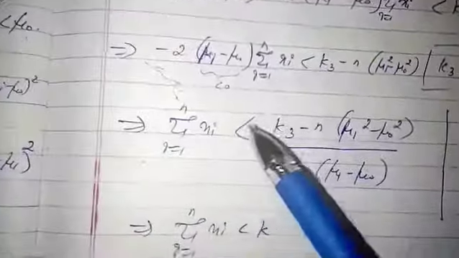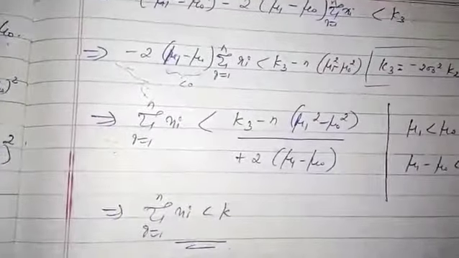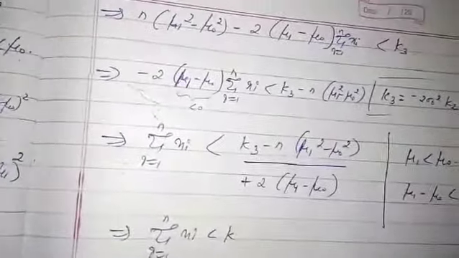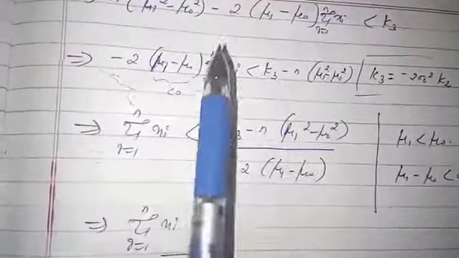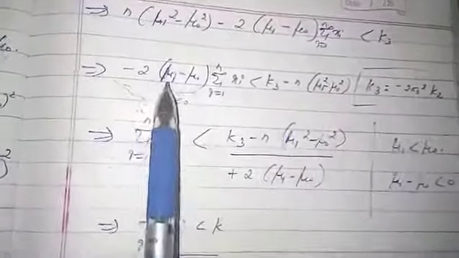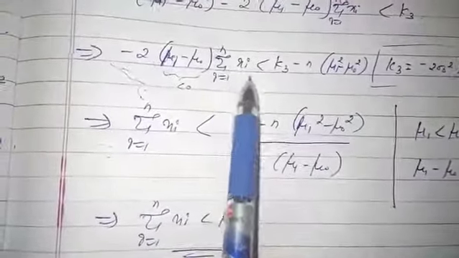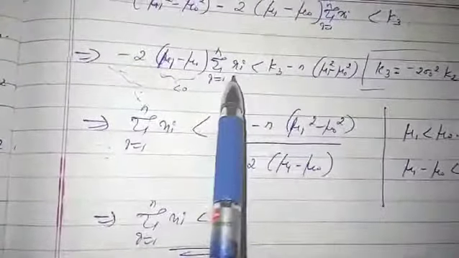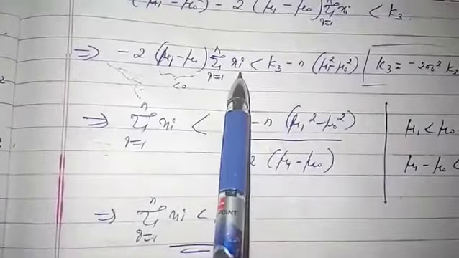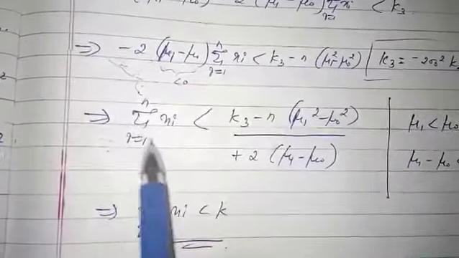Then we need to find a function of the random variable. For that we have to simplify this term, because we want only the function of the random variable. Here we know that the function of the random variable is summation xi, so we need only this term.